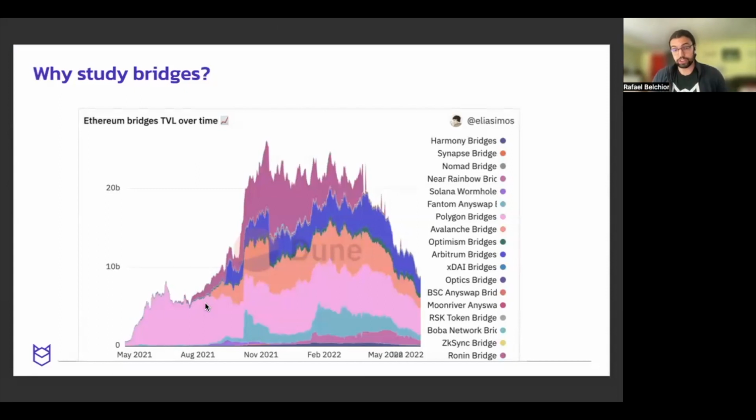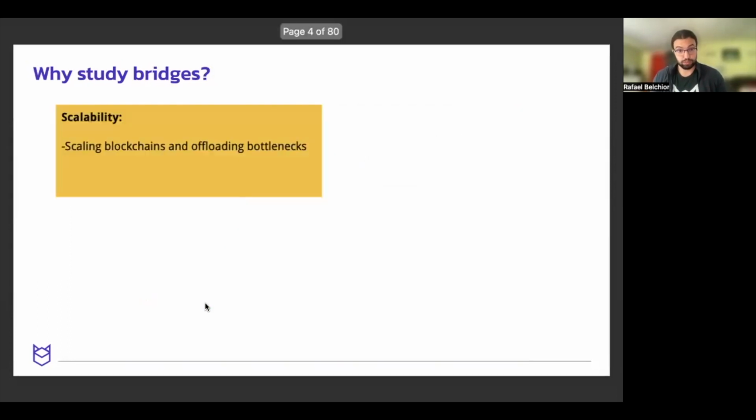So why shall we study bridges? Well, there's a lot of industry and academic interest in different bridges. There are currently over 100 bridges, but here in this figure, you can see the main ones ordered by total value locked. And we have been witnessing a very dynamic, evolving ecosystem of cross-chain solutions, namely bridges that allow transferring tokens.